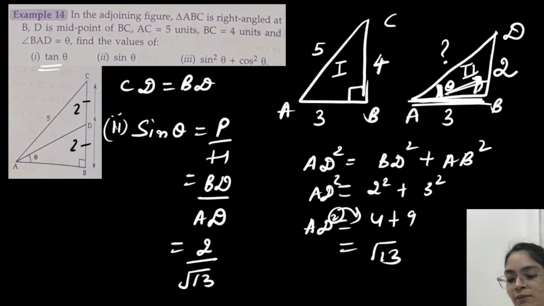Is it fine? 2 by root 13. AD's value we found as root 13, so sine theta's answer we found as 2 by root 13.